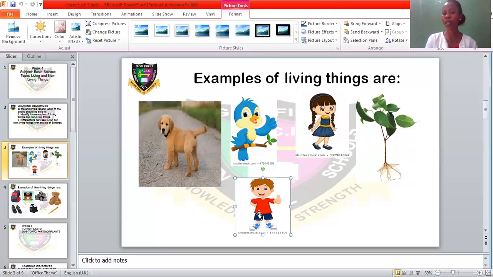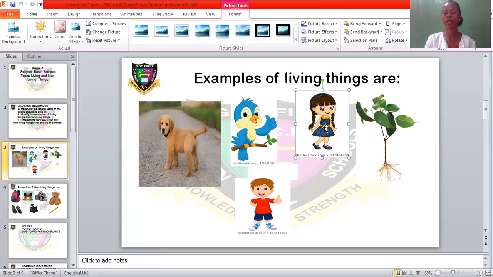If I ask you now, what are the examples of living things? Number one is a dog. Number two is a bird.